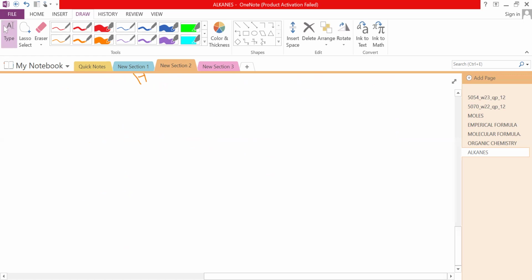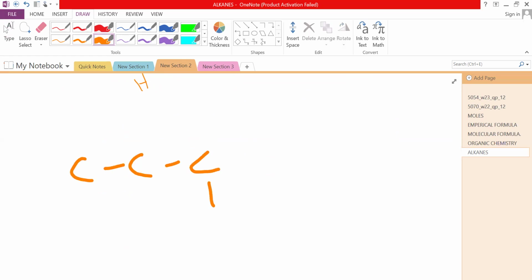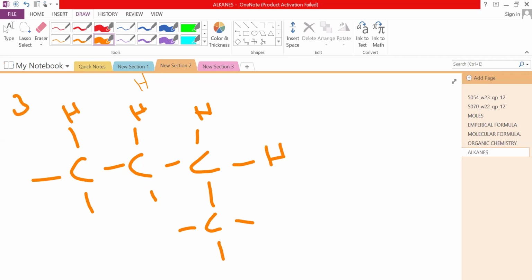Okay, let's draw another structure of C4H10. Many students would be drawing it like this: 1, 2, 3 carbon, and there is 1 carbon at the end. So what do you think? Is this structure correct? Let me tell you that this structure, which I'm drawing right now, saying that it is the third possible isomer of C4H10, is totally incorrect.